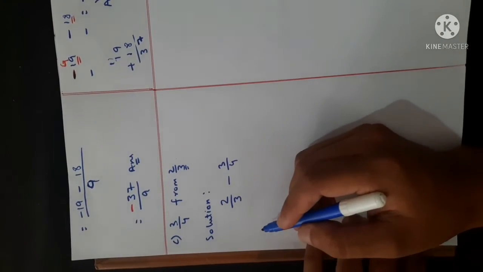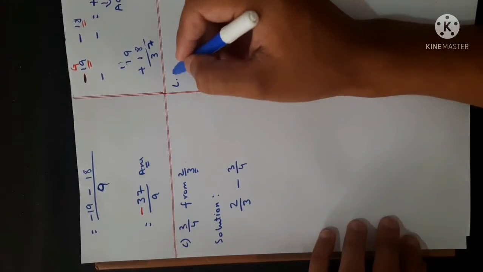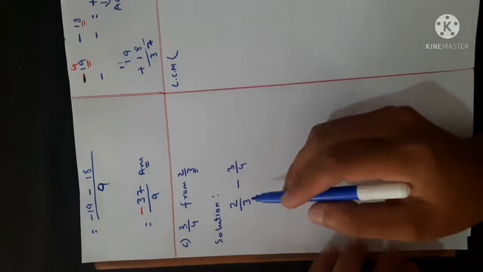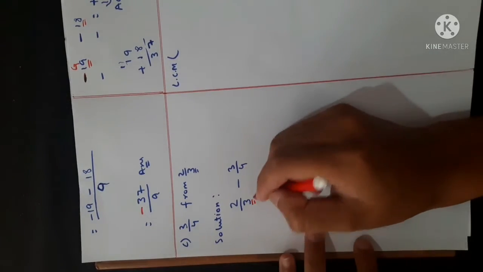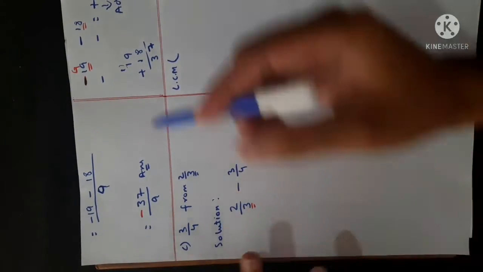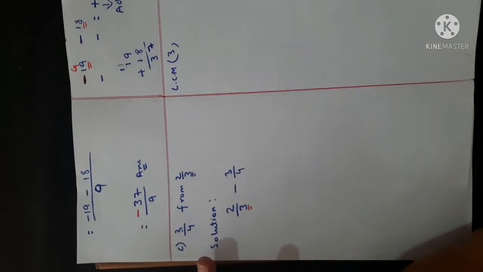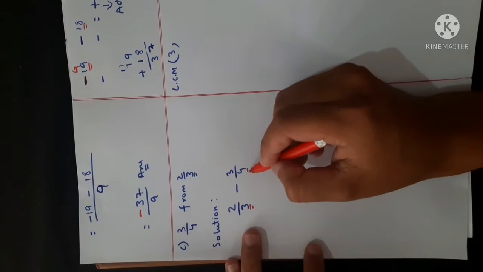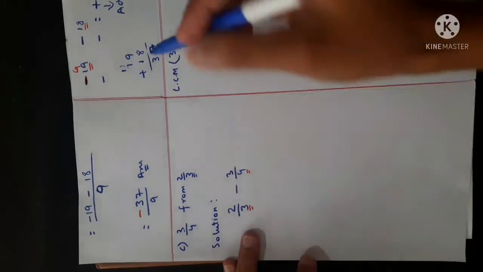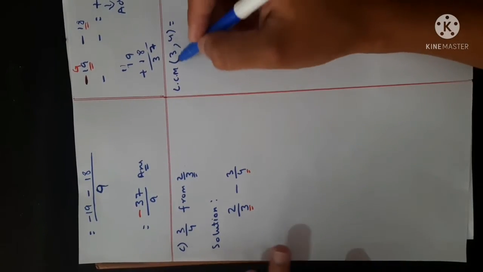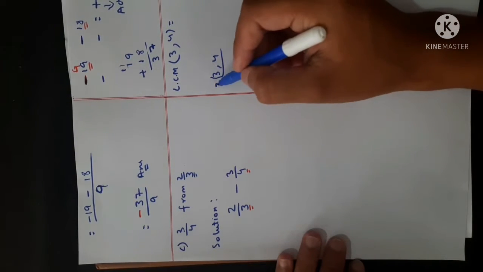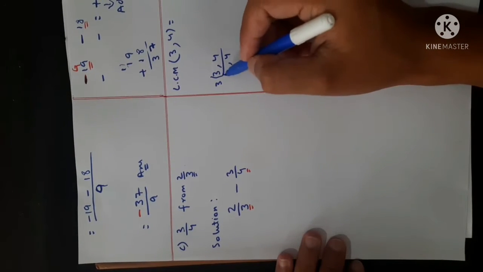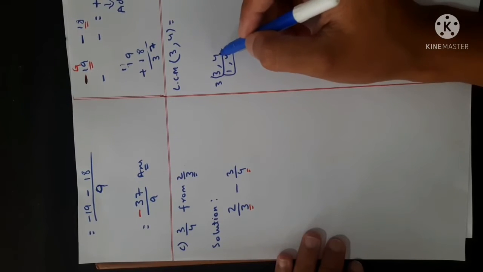So here again, we have to first find the LCM of the denominators. In the first rational number, the denominator is 3. And in the second rational number, the denominator is 4. So we have to find the LCM of 3 and 4. 3, 1 are 3. So we write 4 because 3 into how much equals 4?